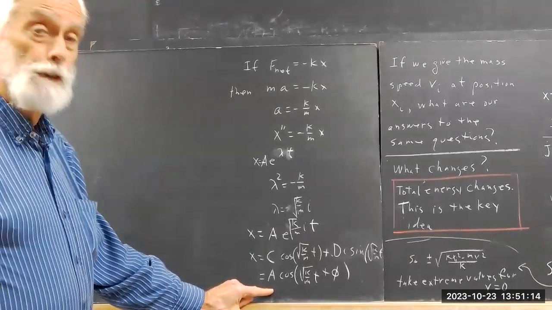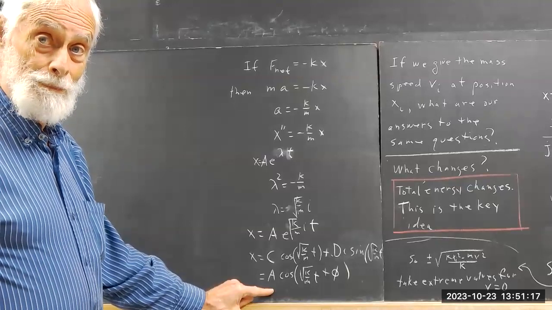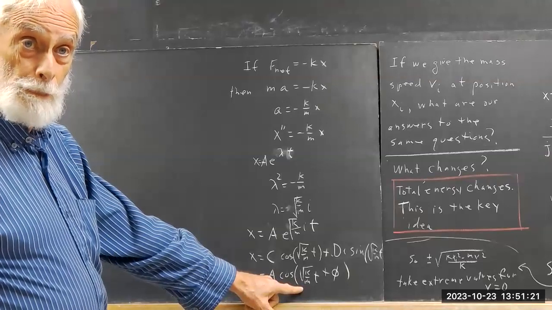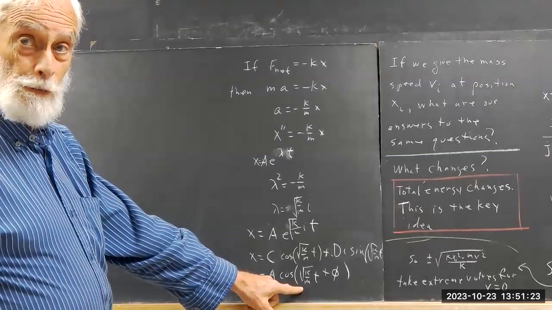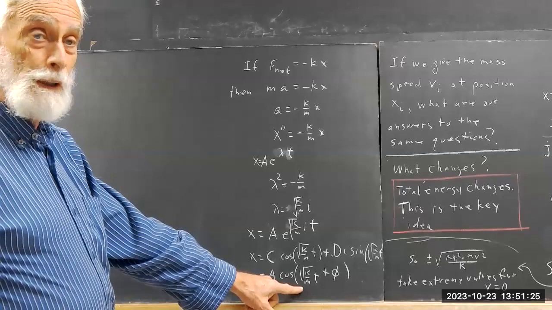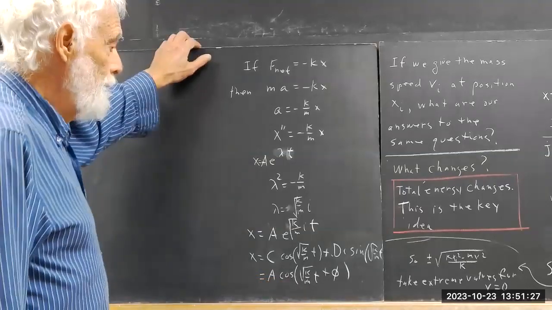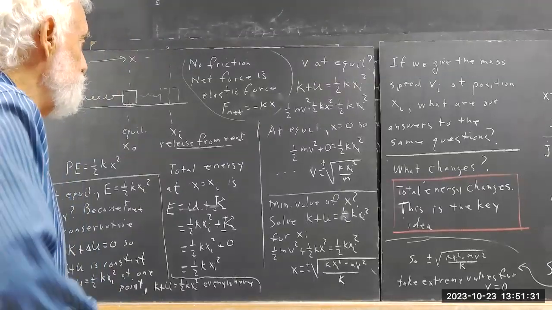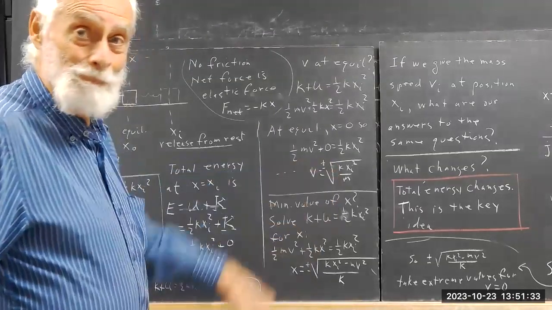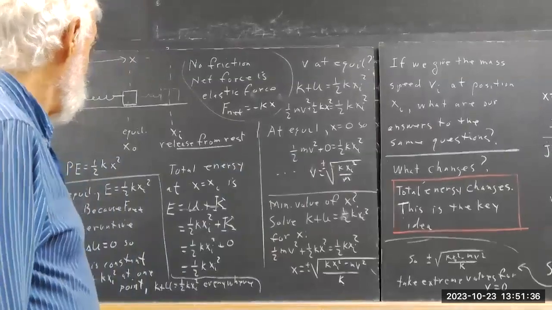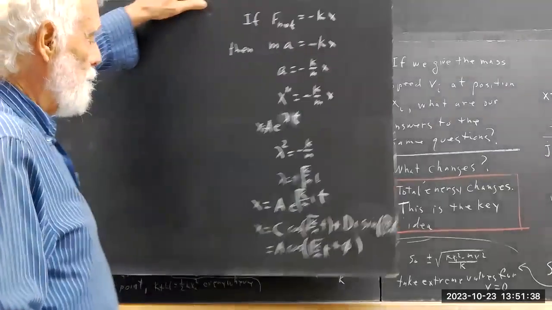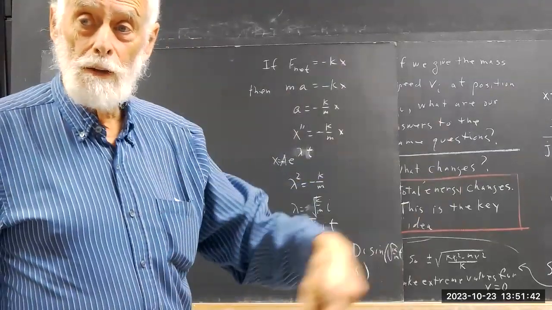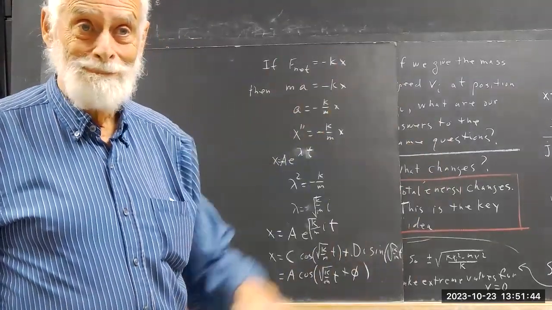And from this, you can find the velocity function. You're going to get a square root of k over m when you take the derivative, right? And in the acceleration function, you get another square root of k over m. And it turns out the square root of k over m, you call it omega, because it's just an angular velocity on a reference circle.